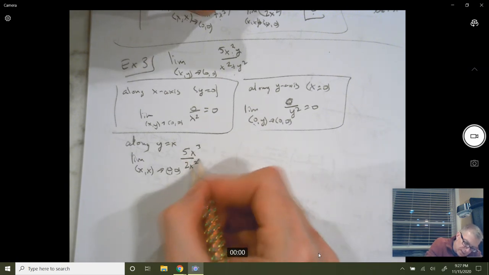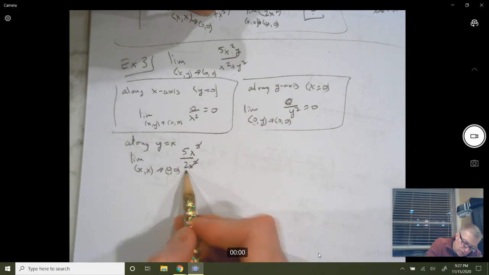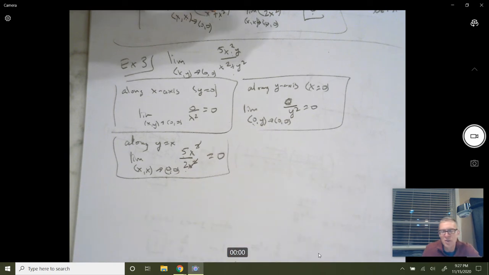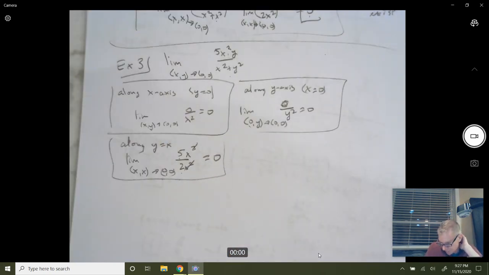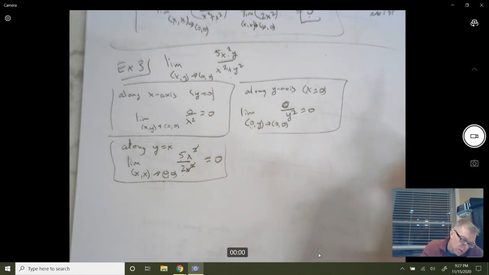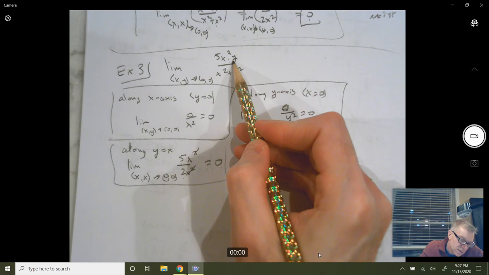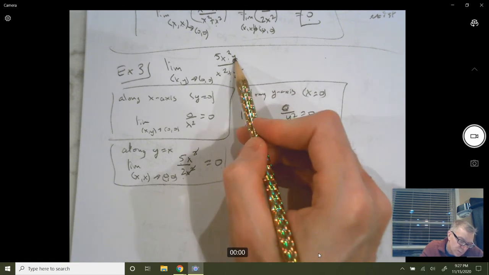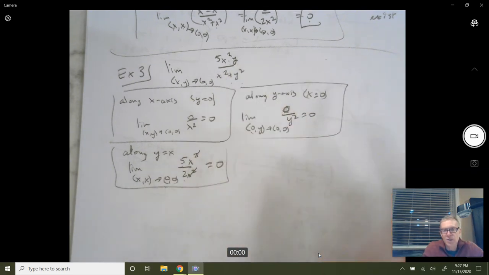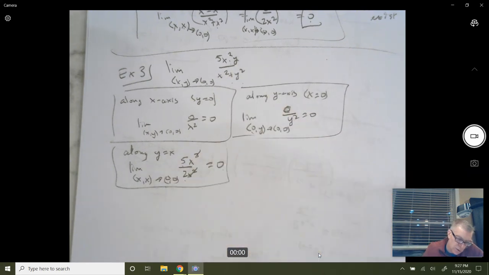You can cancel one of these, and you get 5x over 2. Plugging in the 0, you're going to get 0. At this point, you might start to guess that the limit is actually 0. We might try another path, like y equals x squared, and we can plug that in. I'm not going to exhaust all the paths just because I know where this one's going.